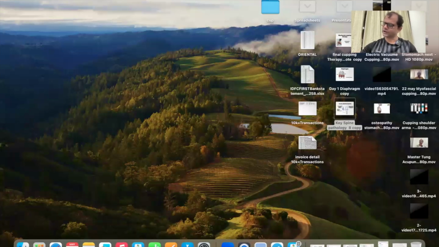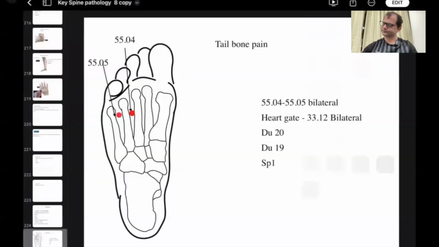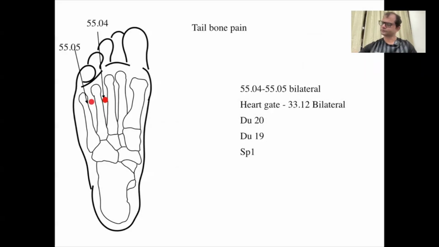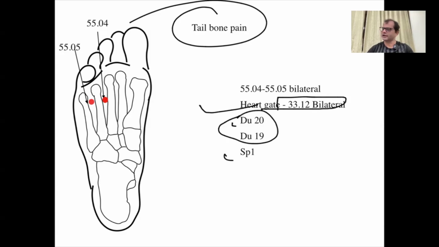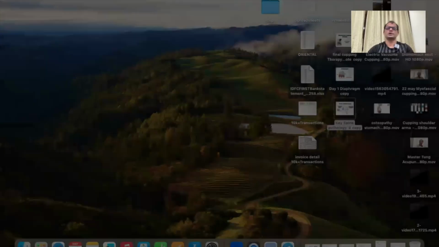So let's see this entire protocol here. We are going to treat the tailbone pain with heart gate, DU20 to 19 and spleen 1, and add 55.04 and 55.05. Done. If this is done, there is a good possibility that the tailbone pain will reduce.